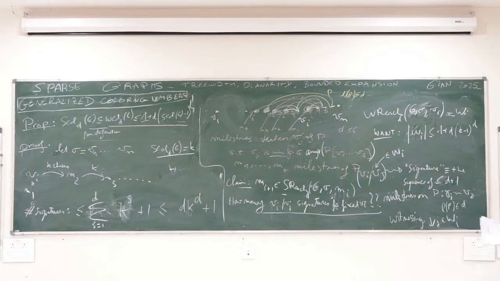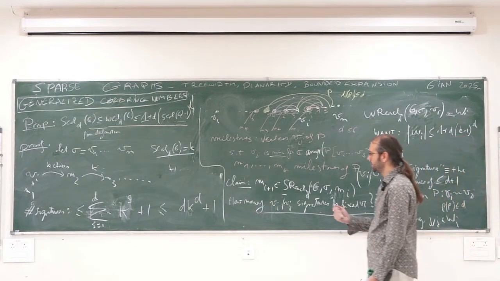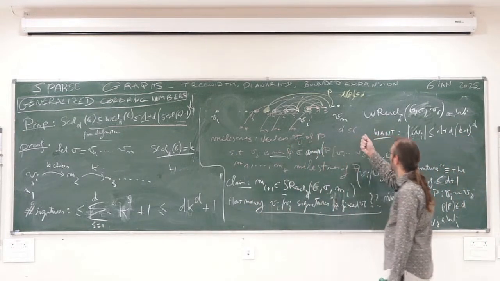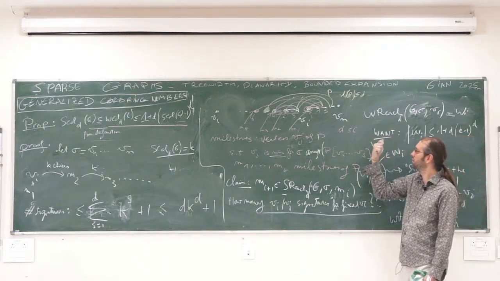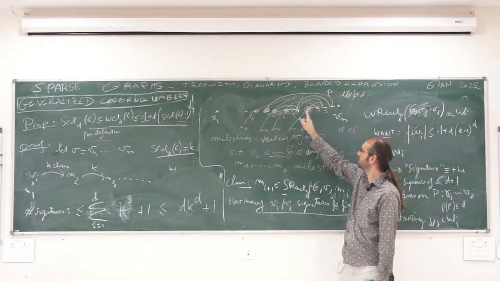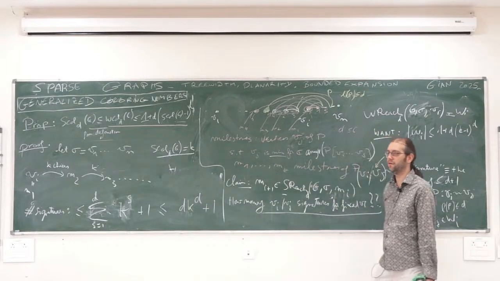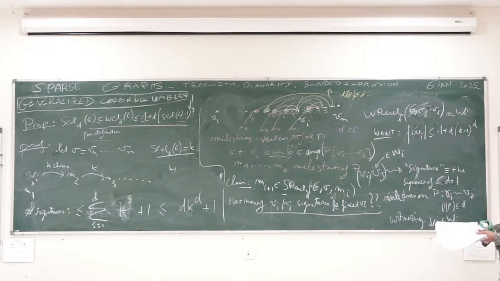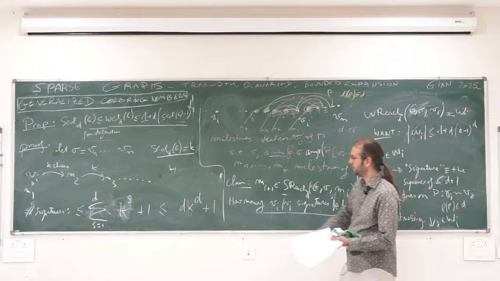Okay, but the completion of the argument is that I was looking at the signatures from a vertex Vi to a Vj which is in its weak reachability set. To each of them I'm associating a signature, and I'm counting the number of signatures, and I'm saying that there are not too many.